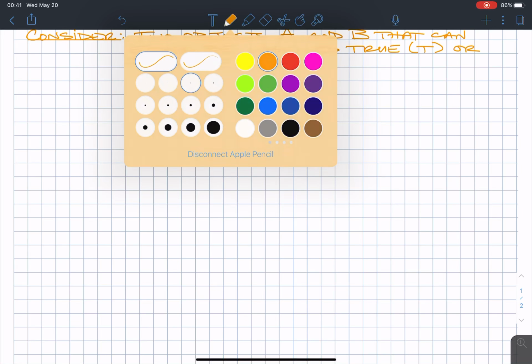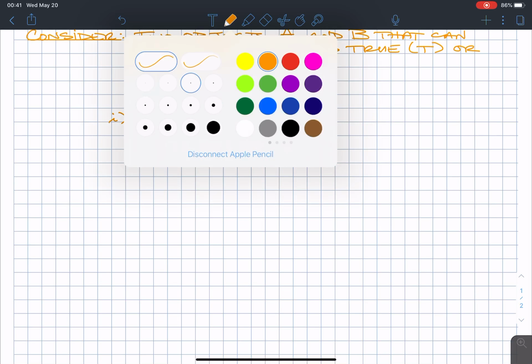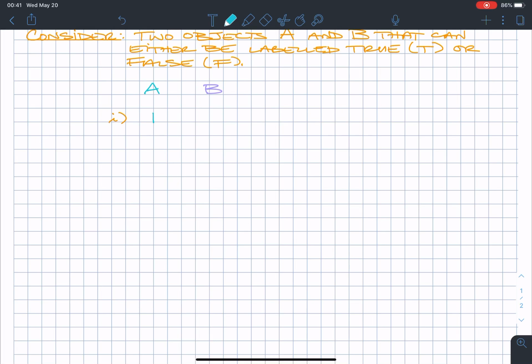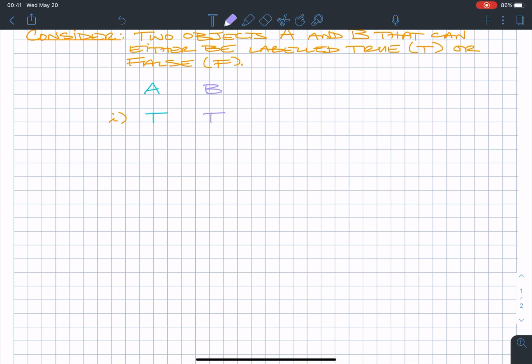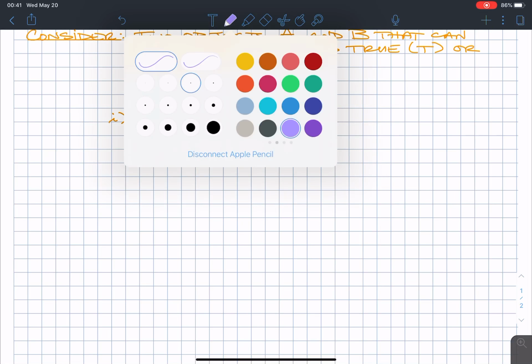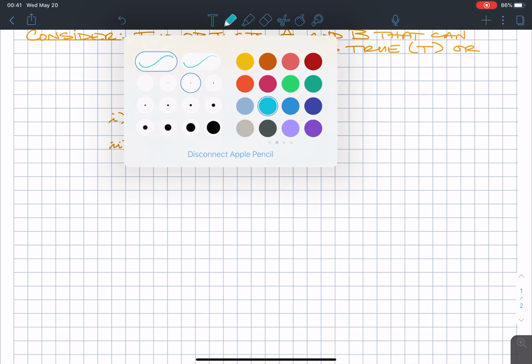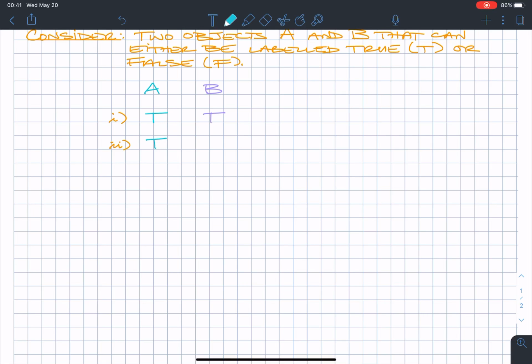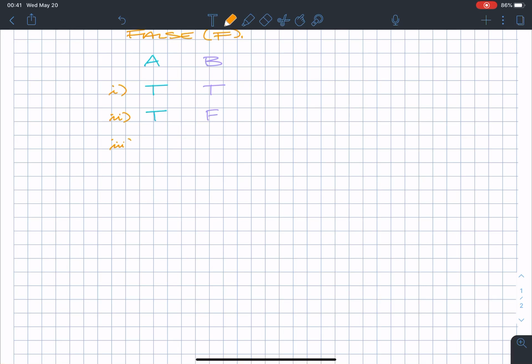So the first scenario would be that A is true and B is true, right? Another scenario would be that A is true and B is false. A third scenario would be maybe A is false this time, and maybe B is true.